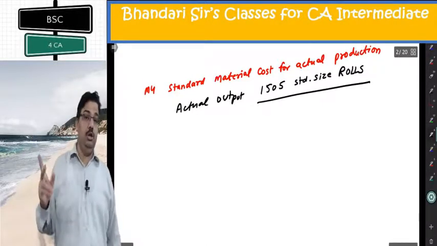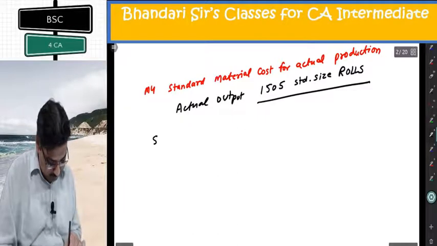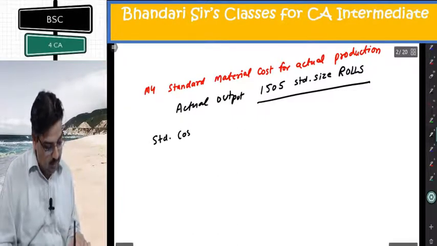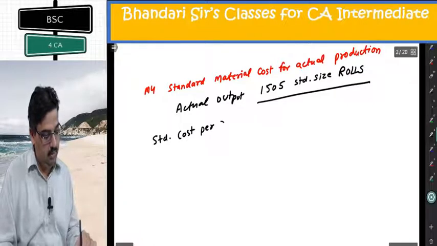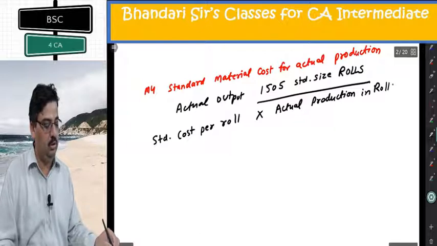We did two questions of tiles. This is in rolls. So what I want, standard cost per roll multiplied by actual production in rolls.